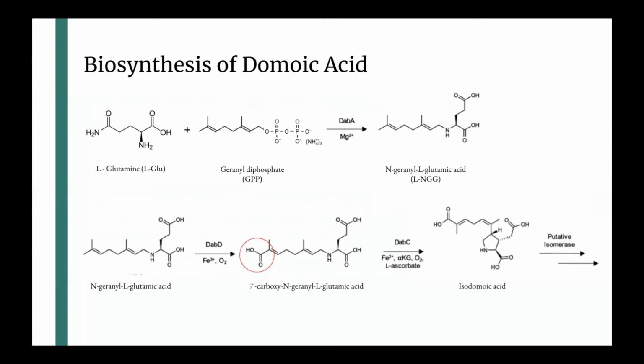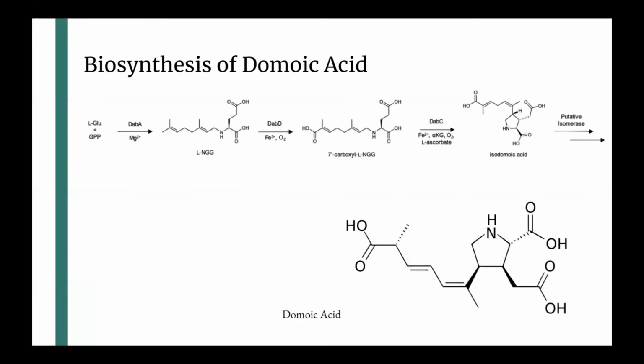Then this becomes cyclized by DabC with iron, alpha-ketoglutarate, oxygen, and L-ascorbate to yield isodomoic acid. Then a putative isomerase acts and domoic acid is the final product.